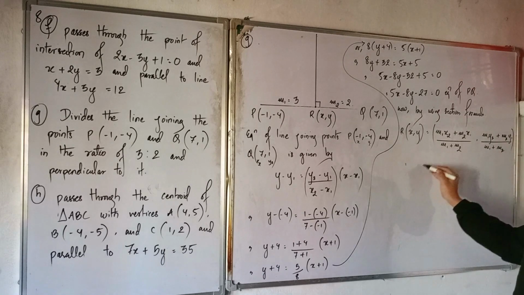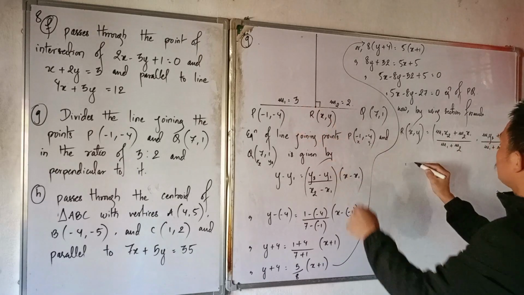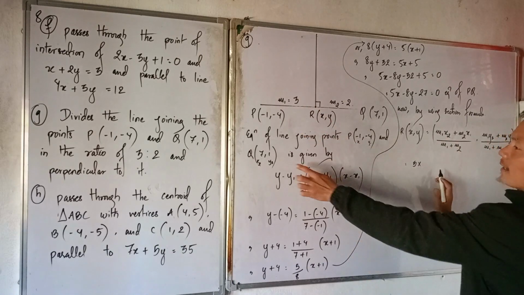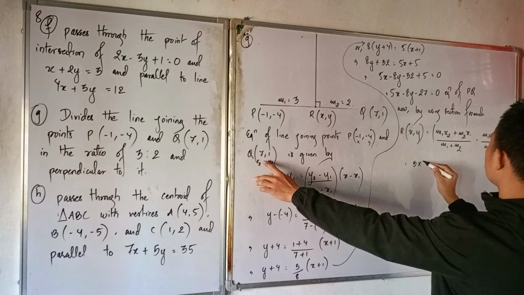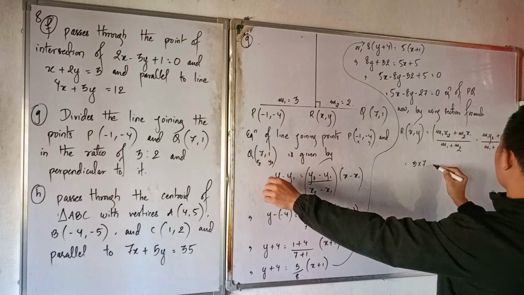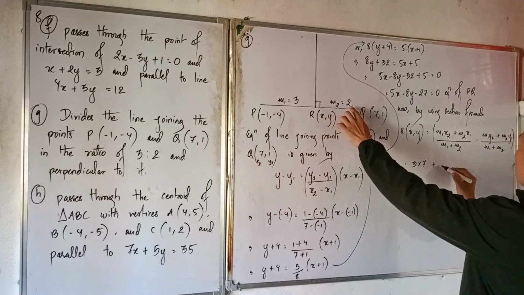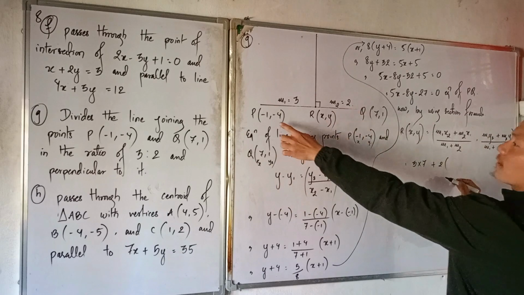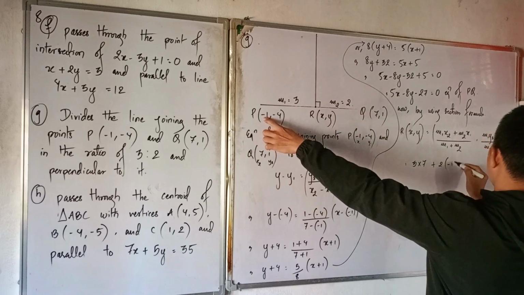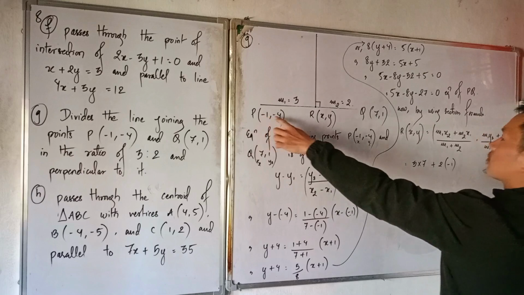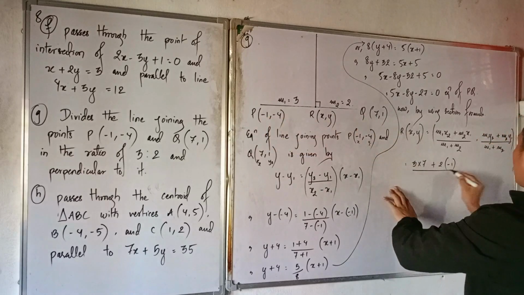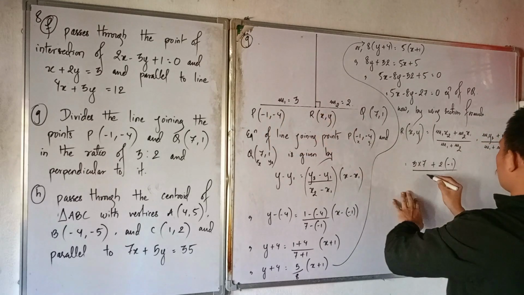Now just substitute the value. M1 we have 3 and x2 7, plus M2 we have 2 and x1 we have minus 1. Similarly, M1 plus M2, 3 plus 2.